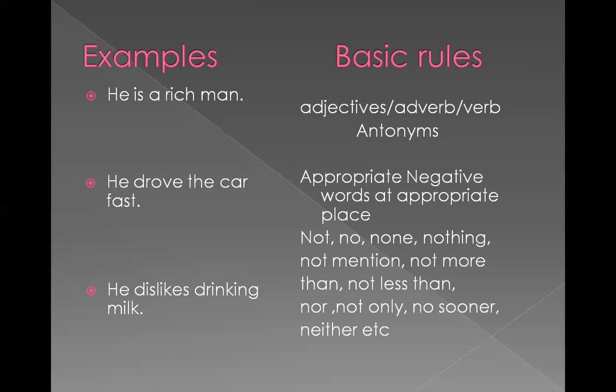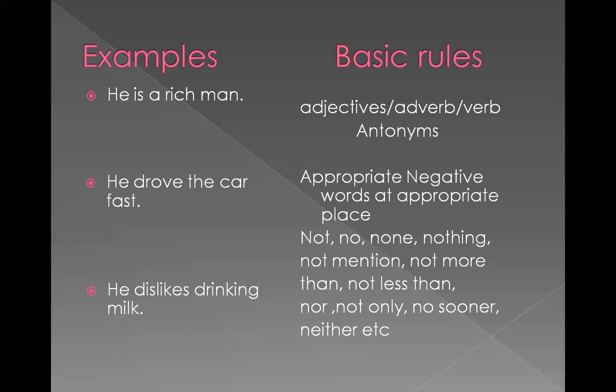Now, let me give you examples. He is a rich man. Now, please find out if there's any adjective in this sentence. Yes, it's rich. Now, rich is an adjective, and we have to change it to its opposite. The opposite of rich is poor.